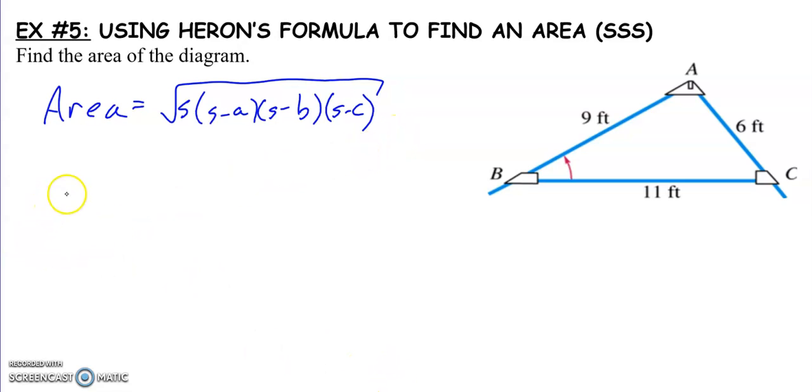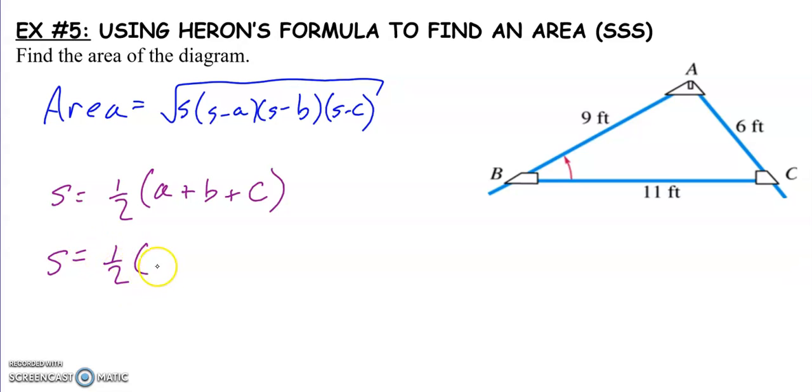So remember, to find s, we're going to do half of a plus b plus c. That's why it's called a semi-perimeter, because we're cutting it in half. Semi, half. So s is going to be 1/2 of 11 feet plus 9 feet plus 6 feet, which will give us an s value of 13.